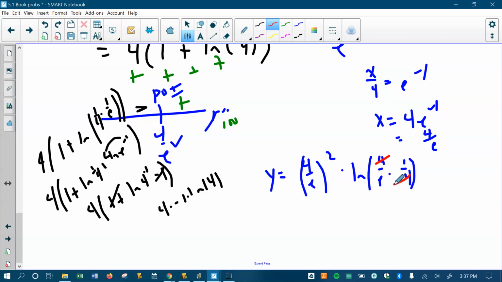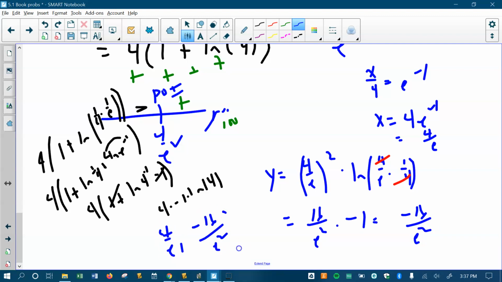Okay, we got 16 over e squared times ln of e to the negative 1, which is negative 1, so negative 16 over e squared. So the point of inflection is going to be 4 over e and negative 16 over e squared. And that is a problem that I would not waste any time trying to glean something out of.